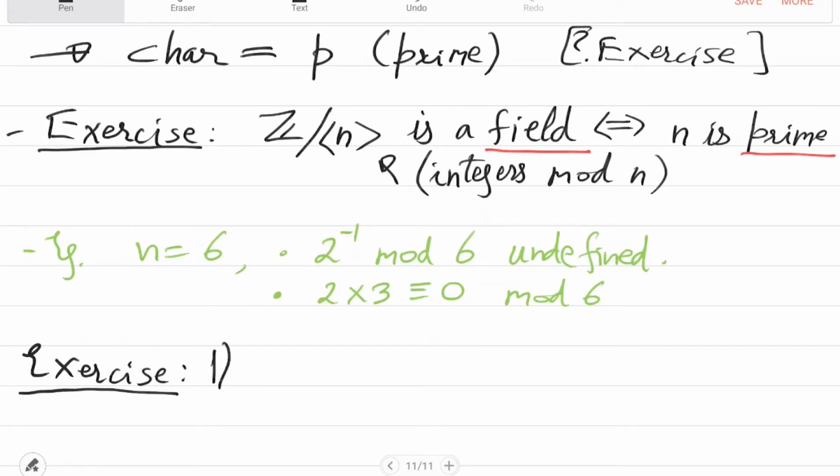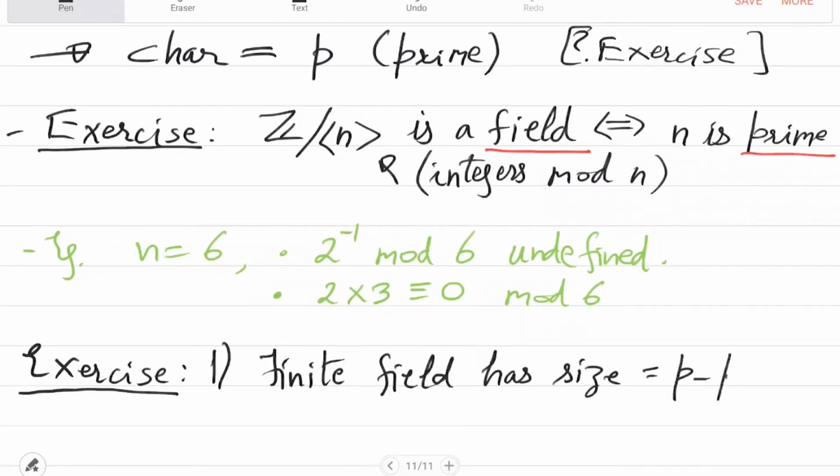Show that any finite field has size equal to a p power. So the characteristic of a finite field is p, then its size has to be a p power. There is no other option for finite fields.